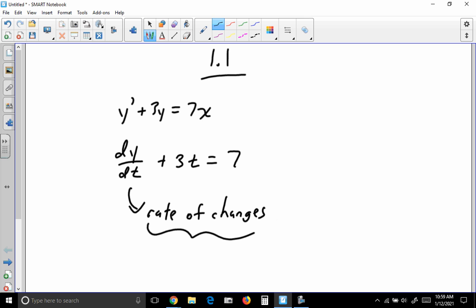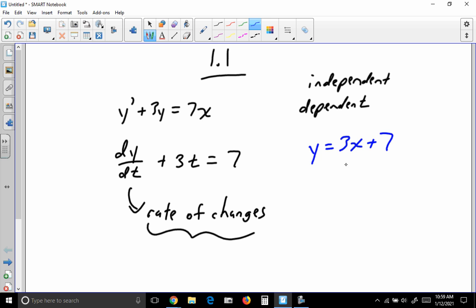Now we need to talk about, in terms of our variables, which is the independent and which is the dependent variable. So when we look at a function, for example, something like this, typically our input variable is our independent variable.